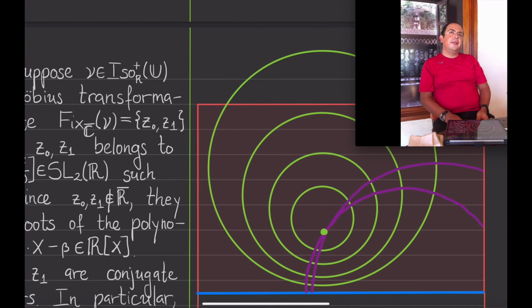And actually that angle is determined by the multiplier, which is a number, as you remember, canonically associated to the elliptic transformation. And the angle has the property that the exponential of that angle, I mean, e to the i times that angle, is the multiplier. Right? This can be seen very easily.